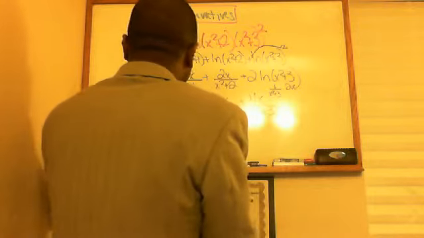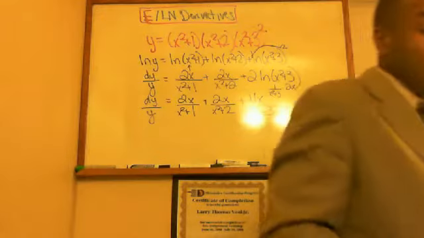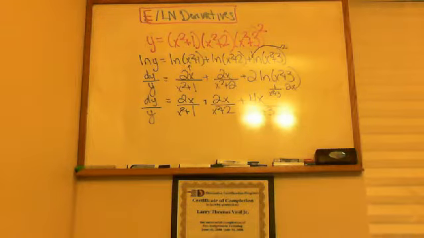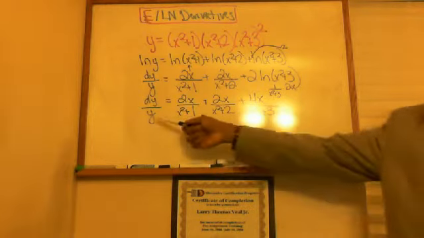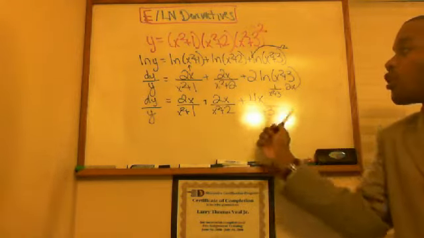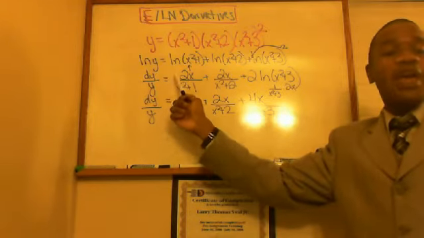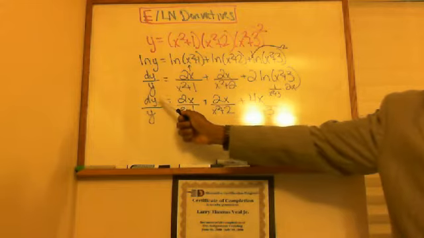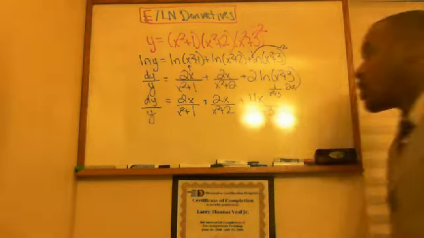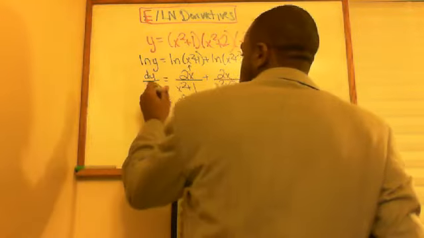Alright? Now you're thinking, alright Jay, I got a dy over y, sir. What do I do? Well, it's quite simple. You cross multiply the y times this whole thing on the right-hand side of the equal sign, and solve for dy. So let's knock that out. I'm going to circle this right here so you can understand what I'm doing.